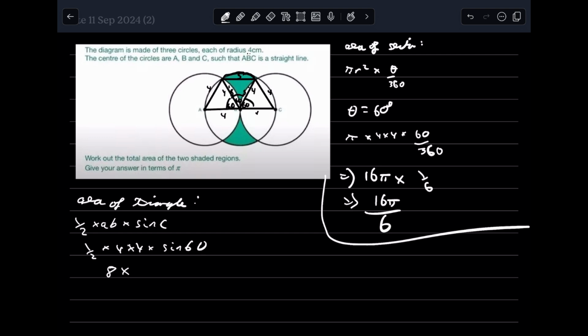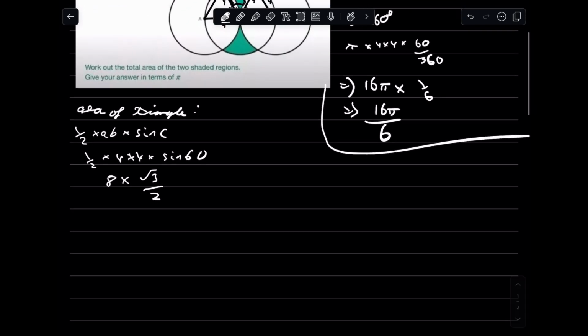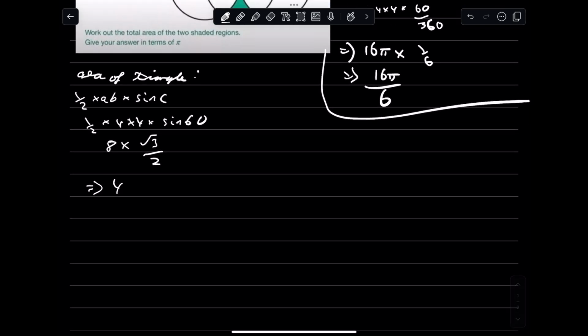This is just 8 times sine 60. And the thing is, it's a non-calculator paper, so you must memorize your trigonometric values. You can use the triangle method if you want, but I think it's easier to just memorize them. Well, obviously understand the triangle method as well. Okay, anyway. Sine 60 is root 3 over 2. So therefore, this simplifies down to 4 root 3.